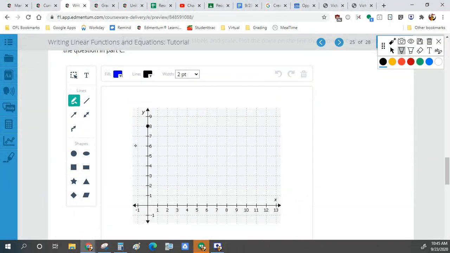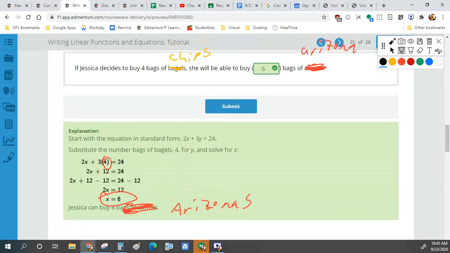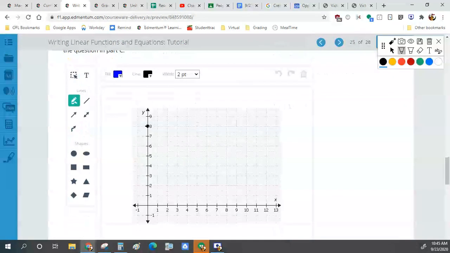So we're going to put this here, 8 chips, 0 Arizonas. And what we can also do is, now that we have this 8 chips with no Arizonas, we can go down to, so we're not buying 2 chips, but now we can buy 3 Arizonas.